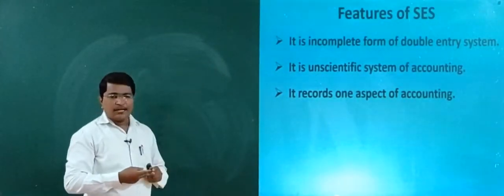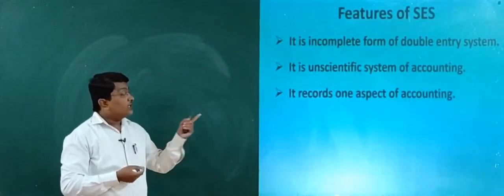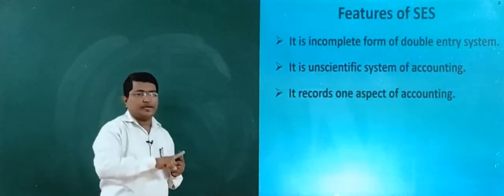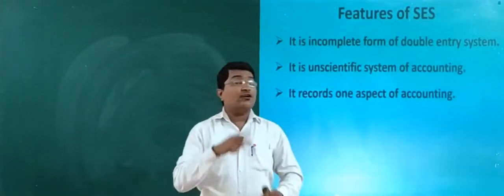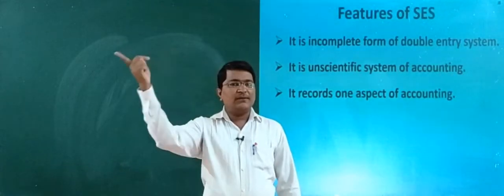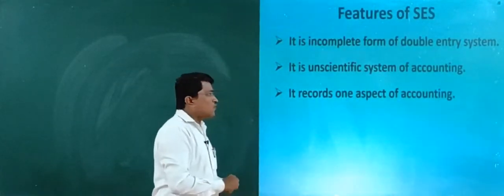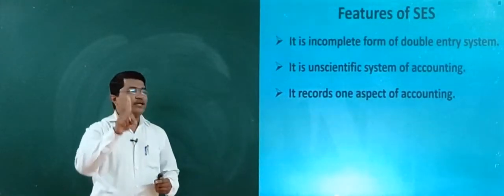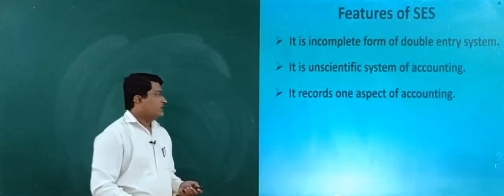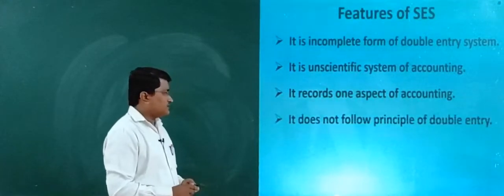Right? It is incomplete, it is unscientific, and it records only one aspect of accounting entry. There are two aspects of accounting entry, one is debit aspect and one is credit aspect. But it records only one aspect of accounting. Right? So now we move to the next.